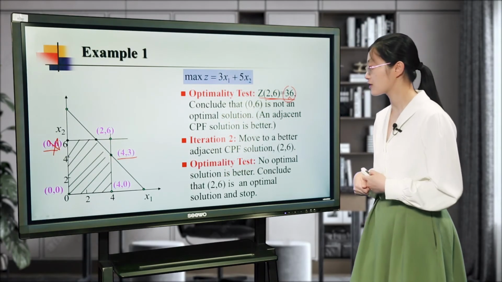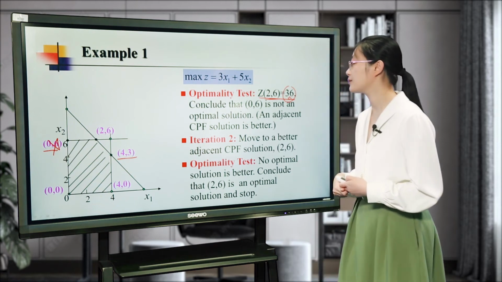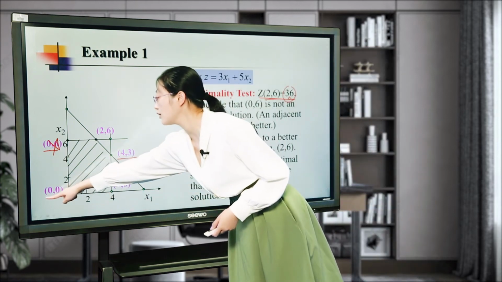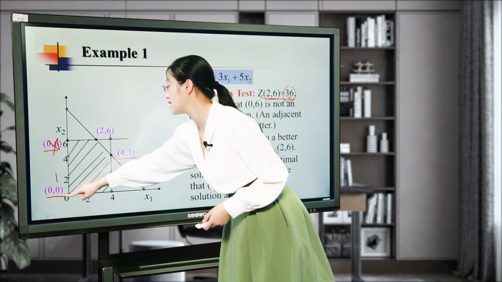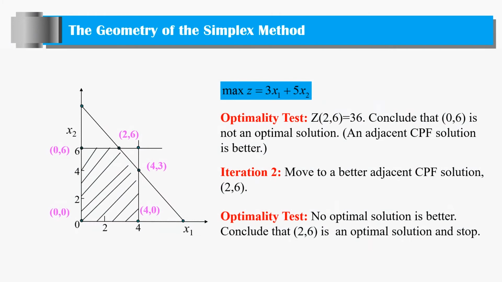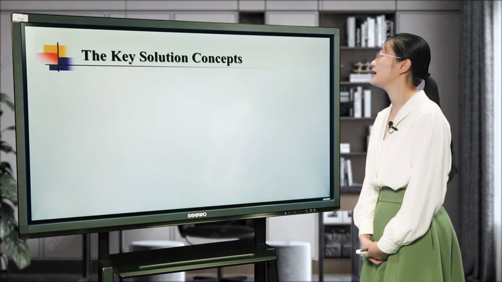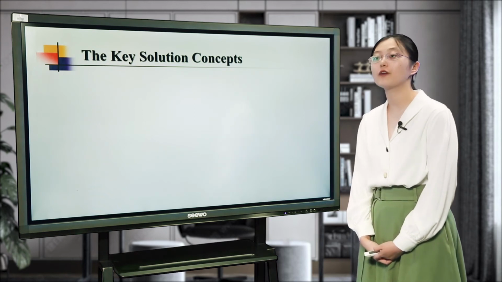So this is the procedure, geometrically, of how the simplex method works. It simply starts from one corner, checks all the neighbors, and sees whether a neighbor performs better. If yes, then move on. If no, we stop.